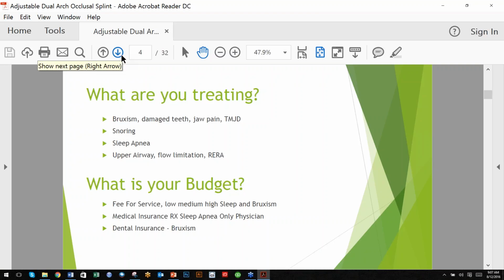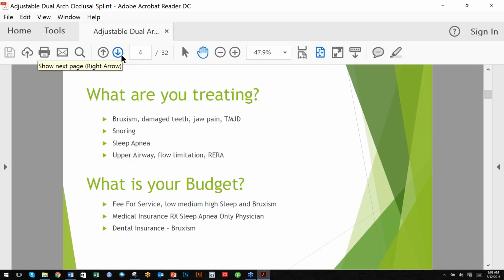If you have a patient in front of you with some anterior wear, and you want to prevent further damage to the front teeth, and you put in some type of guard. Now what if that same patient snores and you might find out later that they have sleep apnea? Are you still treating bruxism?